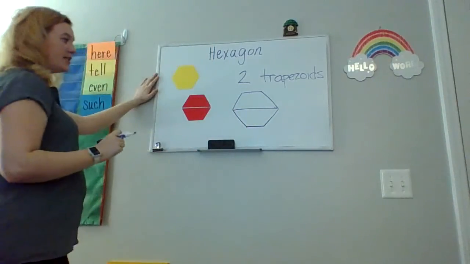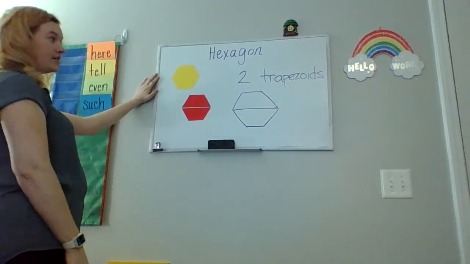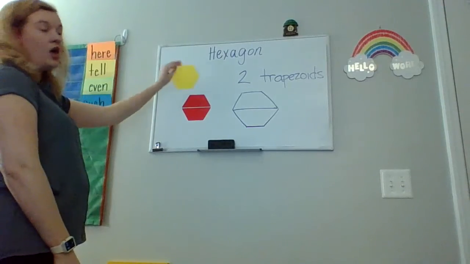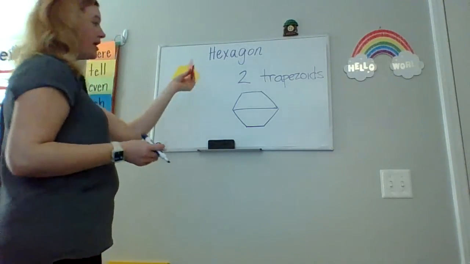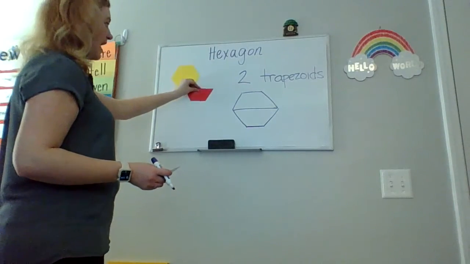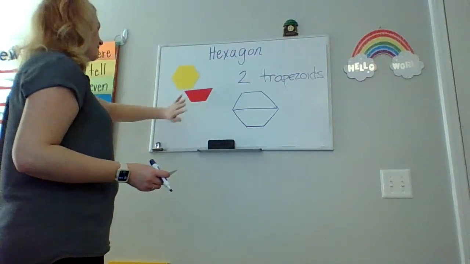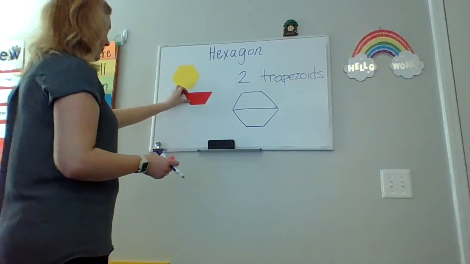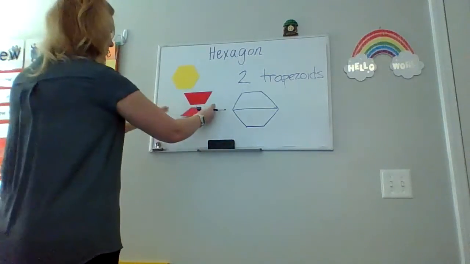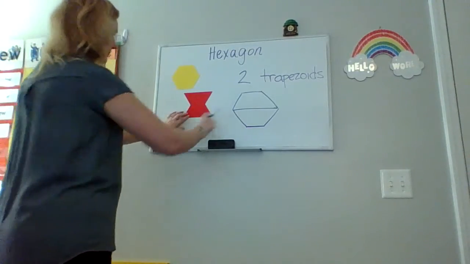So I actually want to see you draw the 2 trapezoids to make a hexagon. Another way to do this is to put a trapezoid upside down on the top, or like what we refer to as upside down. Not typical. And then put one right side up on the bottom.